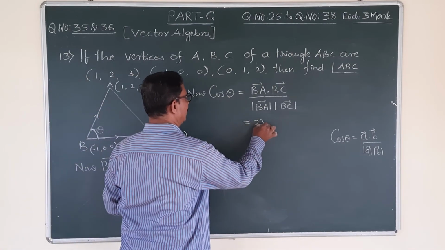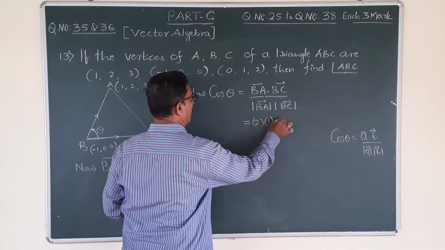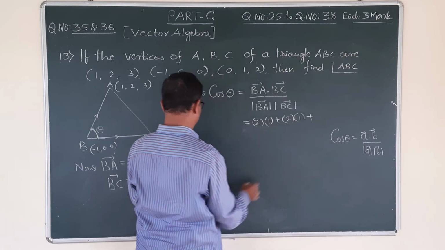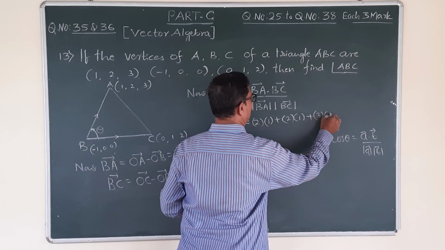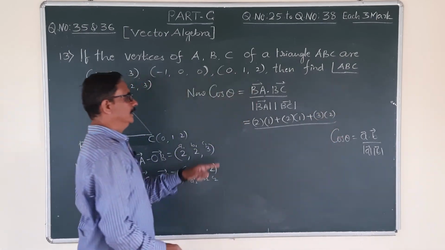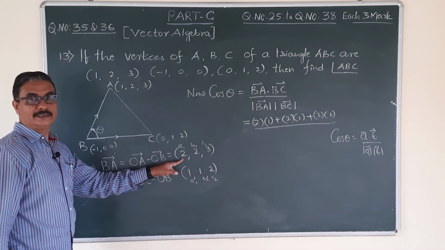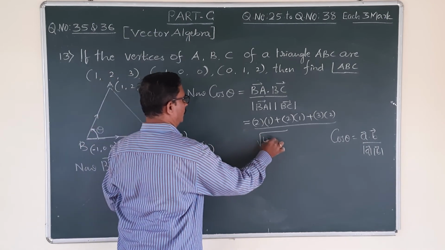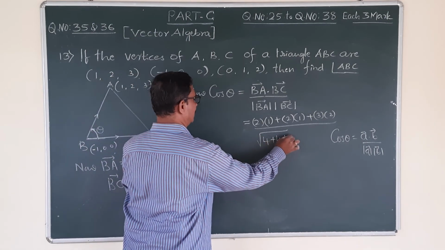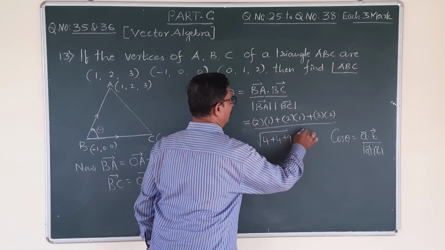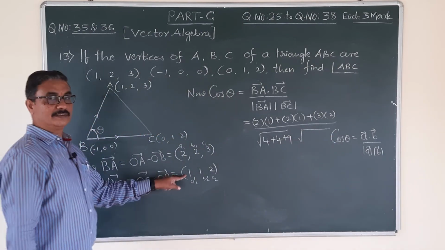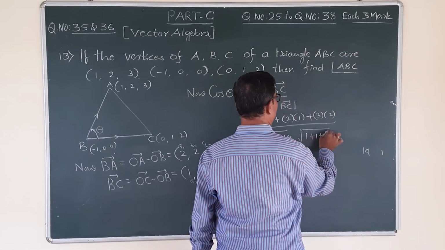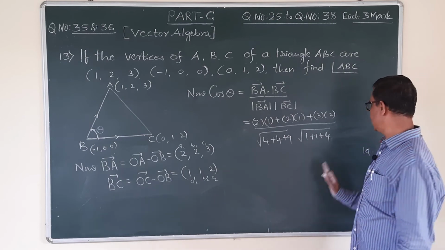See what happens: A1 is 2, A2 is 1, plus B1 is 2, B2 is 1, plus C1 is 3, C2 is 2, divided by the magnitude of BA, the length, under root of 2 square 4 plus 2 square 4 plus 3 square 9, into the magnitude of BC, 1 square 1 plus 1 square 1 plus 2 square 4, right?